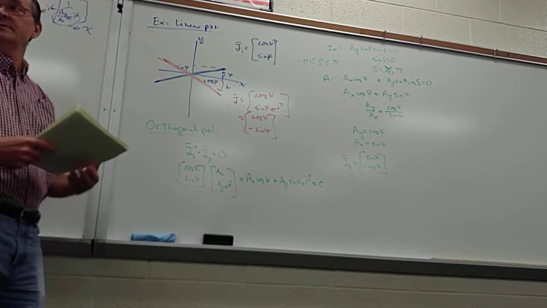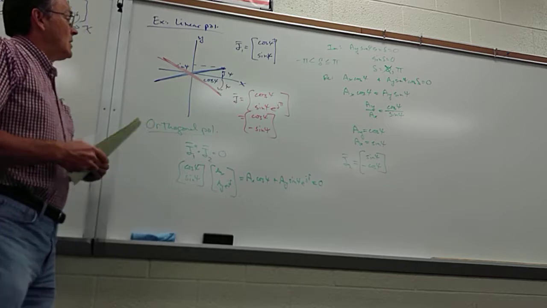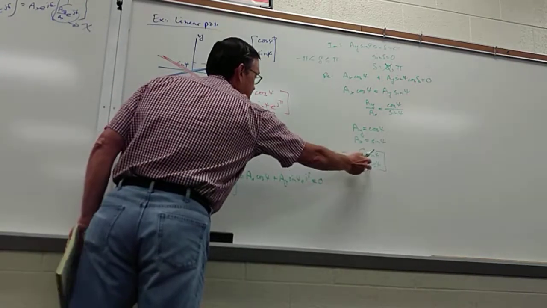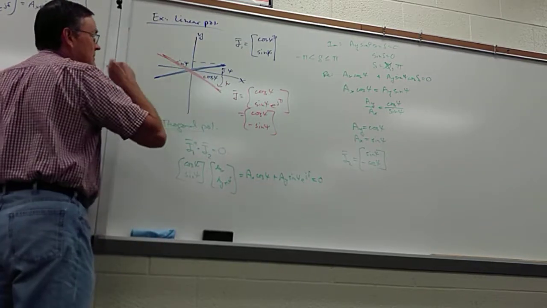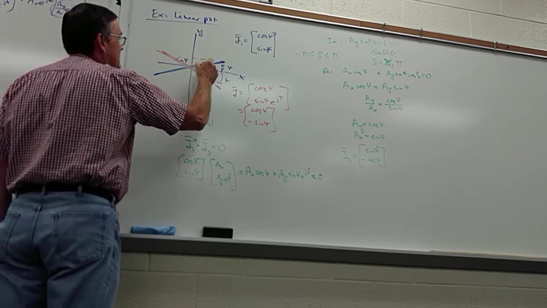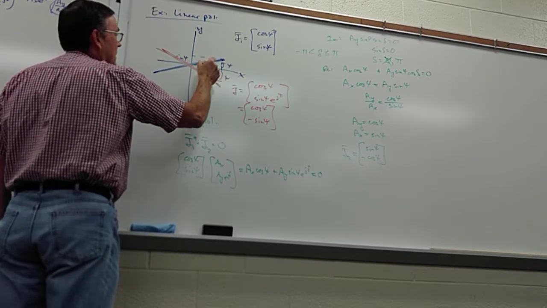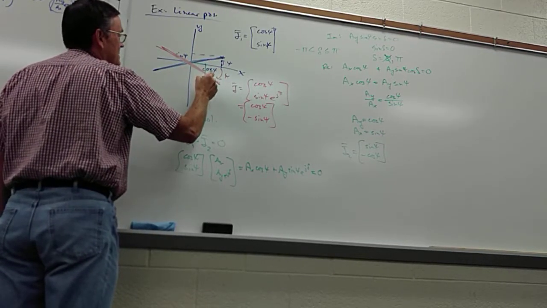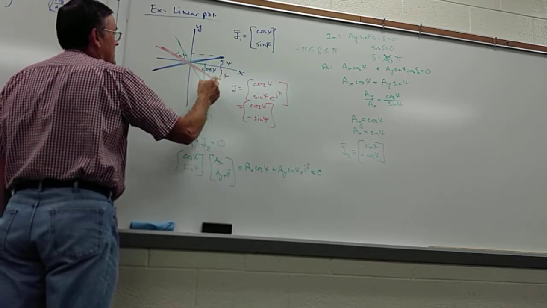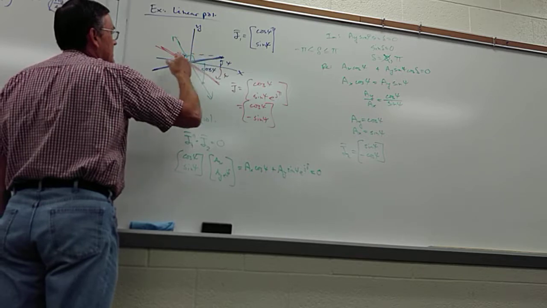So those are two orthogonal states. So if I take this guy and I plot him on here, then basically I'm coming out by sine of psi here, and then minus cosine of psi here. So it's this, which is orthogonal to that.